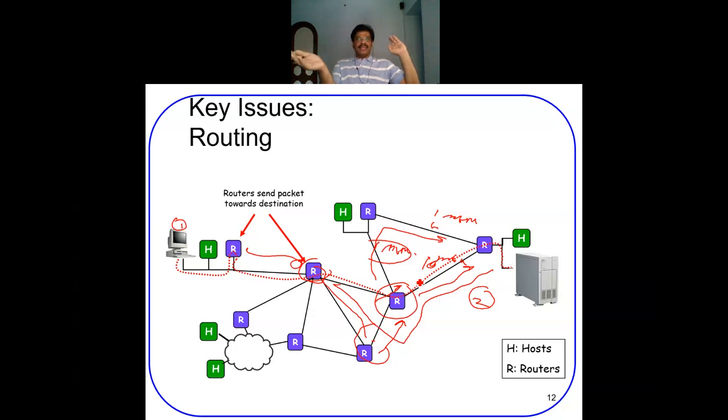Sender and destination, the two words, or host 1 and host n. At the end, we have the second host with which we want to communicate, and host 1 wants to communicate. In between, there are various numbers of hosts as well as routers.